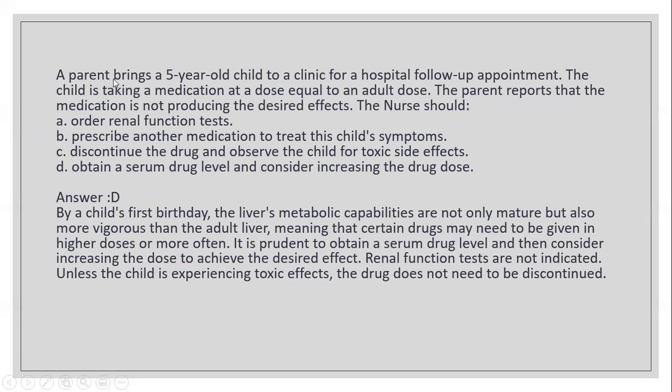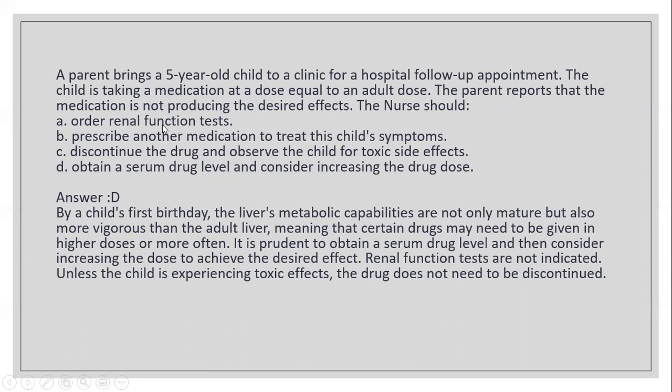Question. Parents bring a 5-year-old child to a clinic for a follow-up appointment. The client is taking a medication at a dose equal to the adult dose. The parents report that the medication is not producing the desired effect.